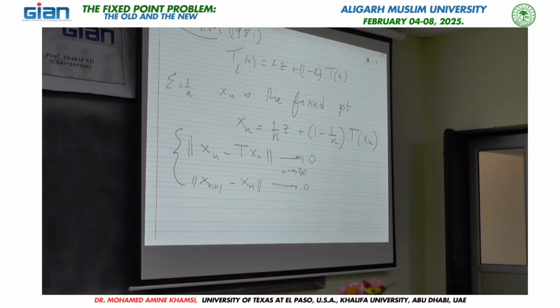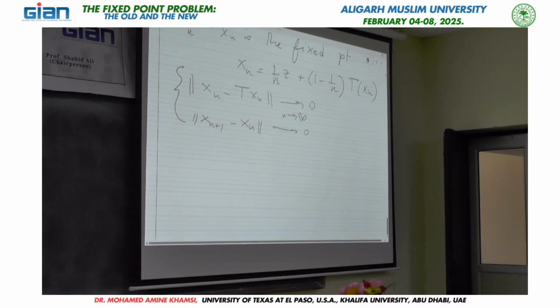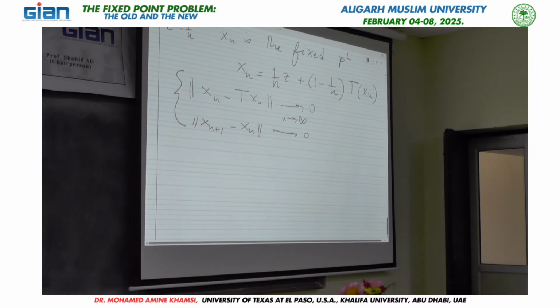Now, what is the asymptotic normal structure property? So we have a new theorem. You assume that C is closed, bounded, convex, weakly compact, and T is non-expansive.